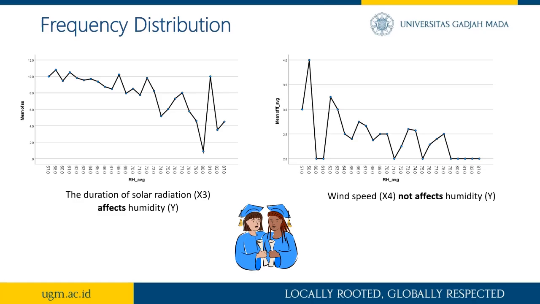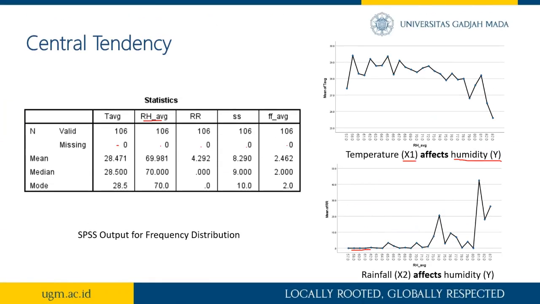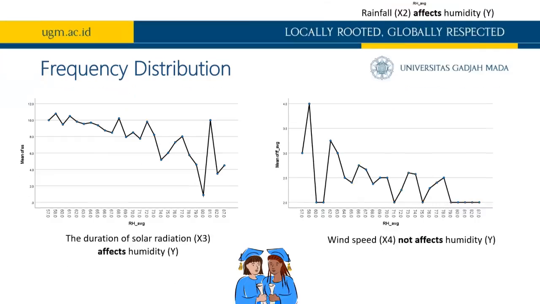So when we have high solar radiation, we get less humidity, because when the sun rises it makes the weather drier than the previous case, where when there is too much rainfall we get a high humidity value.